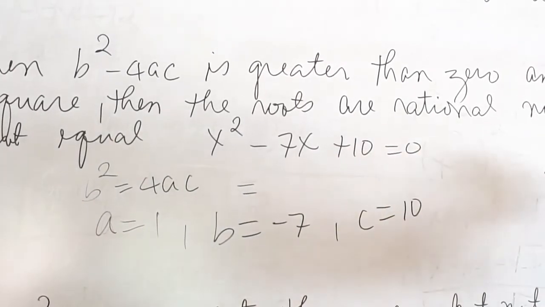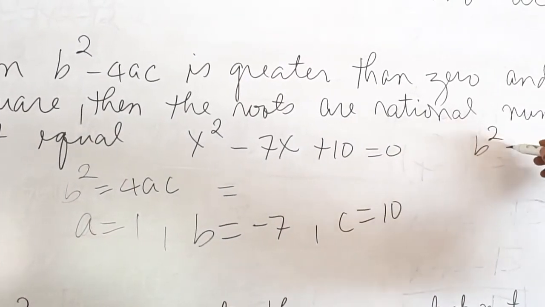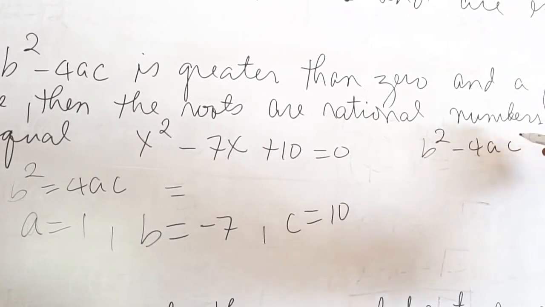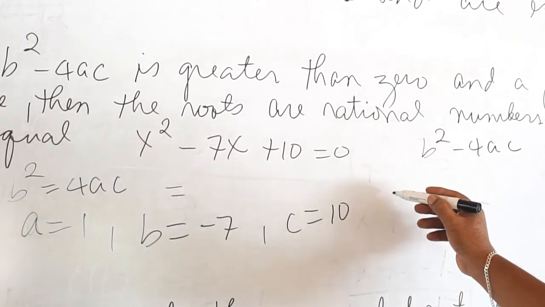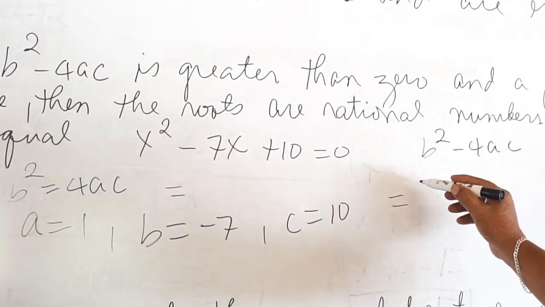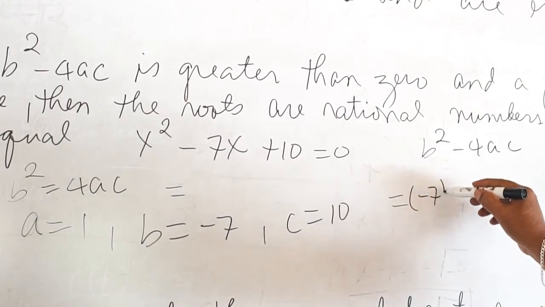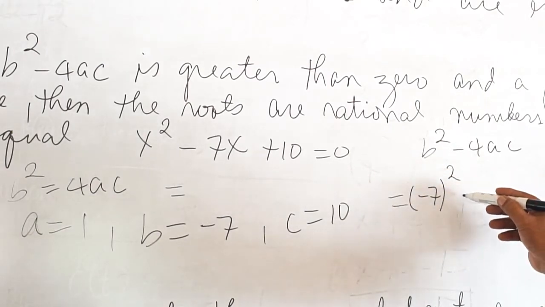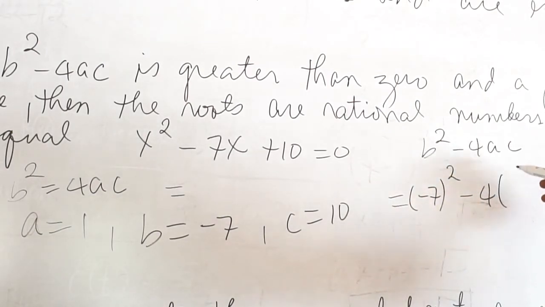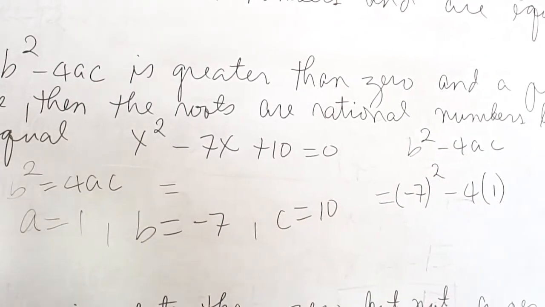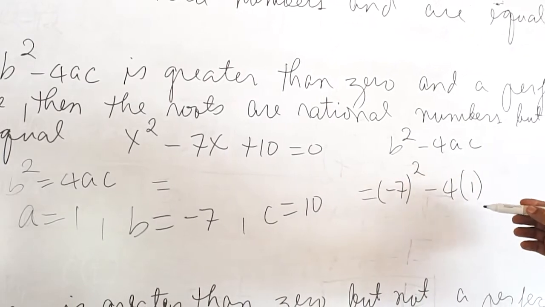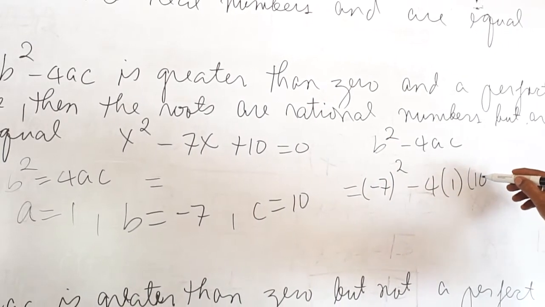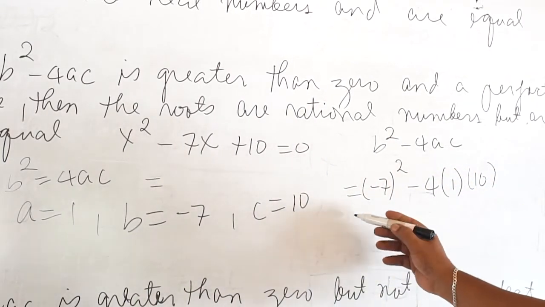So we have the formula b squared minus 4ac, then substitute. We have negative 7 squared minus 4, then the value of a is 1 and the value of c is positive 10. Then simplify.